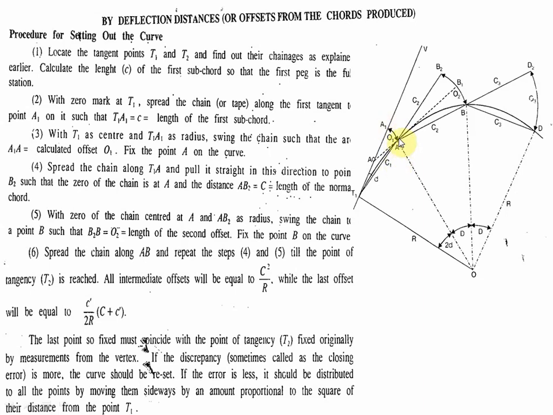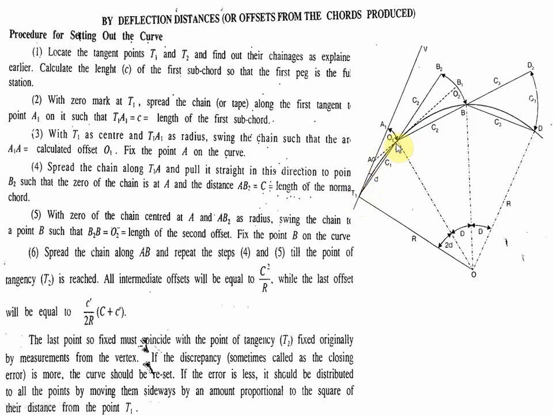Next, fix the point A on the curve. Consider if the first offset is 0.25 meter. Next you have to swing the tape like this in this direction, and when you get 0.25 meter, mark that point, fix that point as A. Okay, so next spread that chain along T1A.